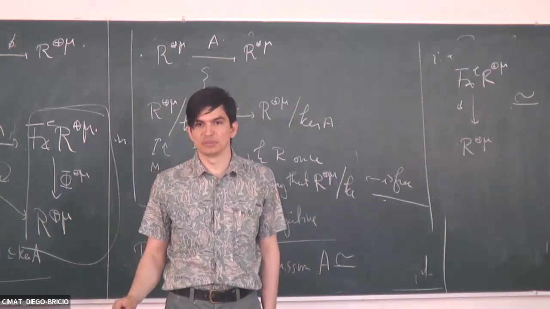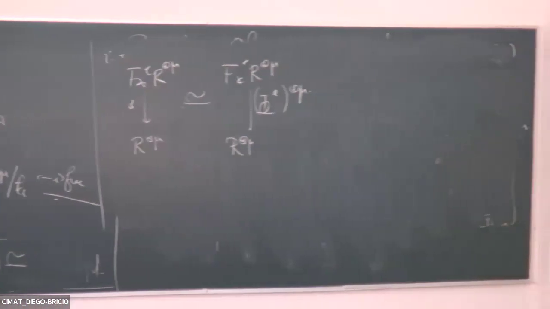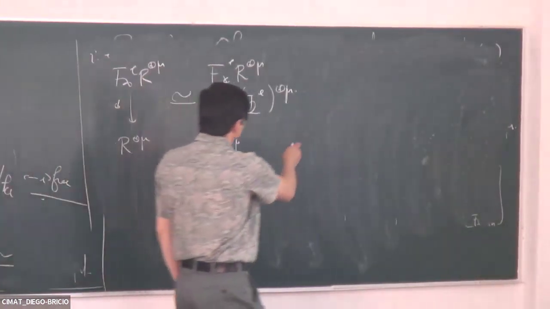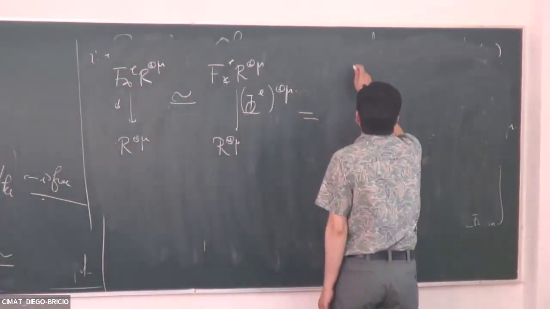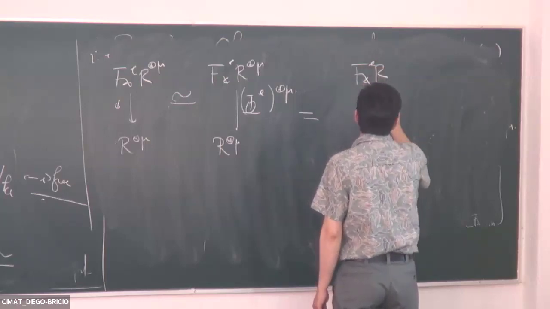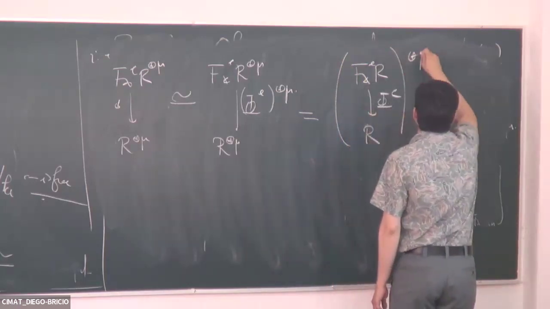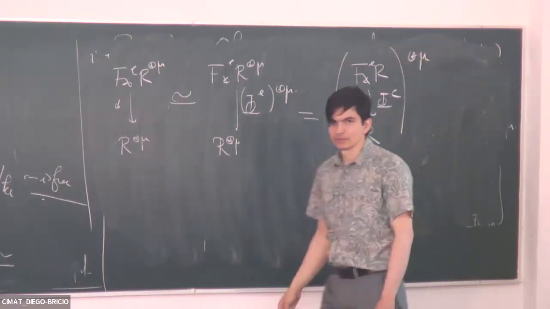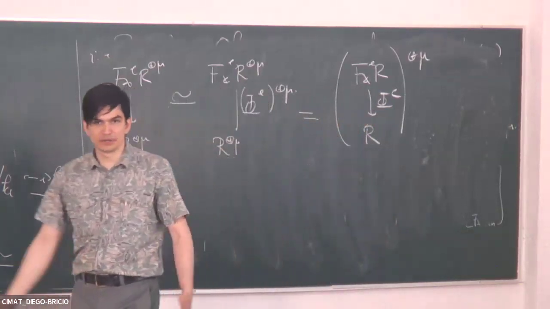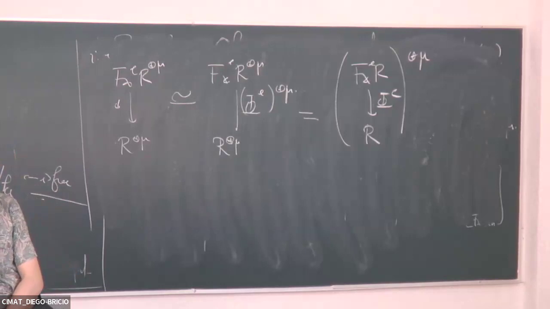It's a direct sum of Cartier modules. Remember, Cartier modules form an abelian category, so there are direct sums of Cartier modules. And what do you think?